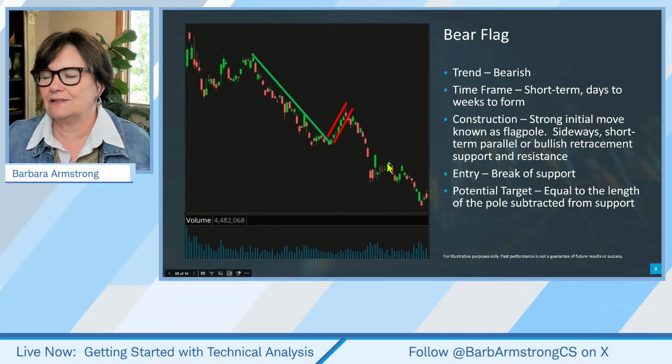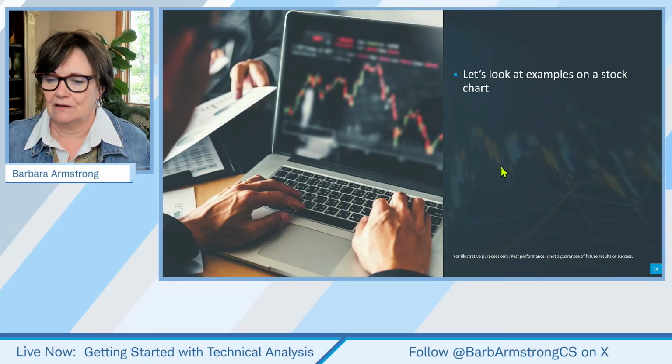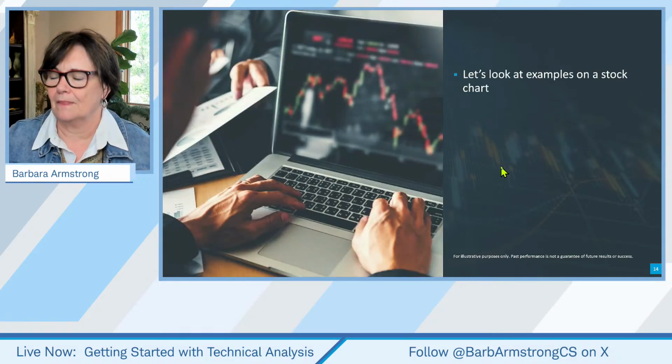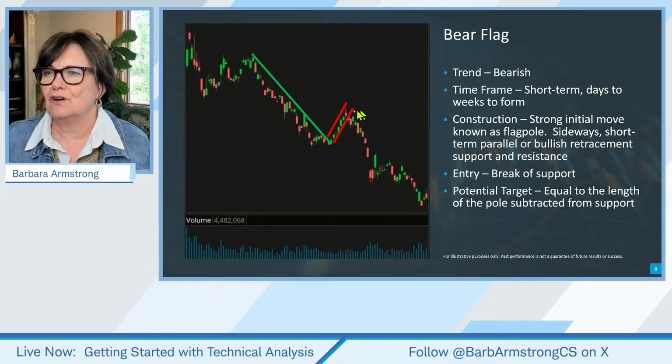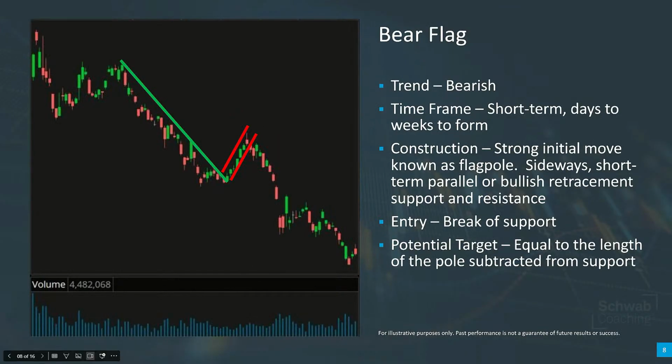Well, if we look at this one, so it came down here. Whoops. So here was our, I can't zone in on it because I'm not on an actual chart. We'll look at these on some actual charts as well.